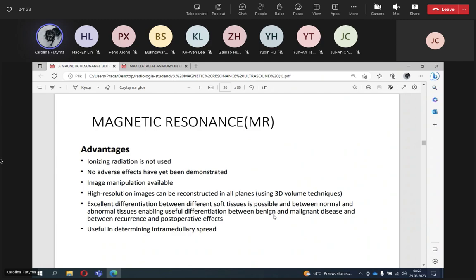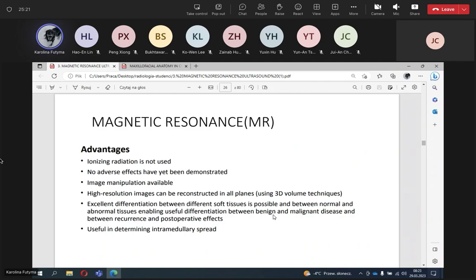Image manipulation is available, of course, as in the different other 3D methods. High-resolution images can be reconstructed in all planes using 3D volume techniques, so we can also provide a 3D reconstruction in our computer program.